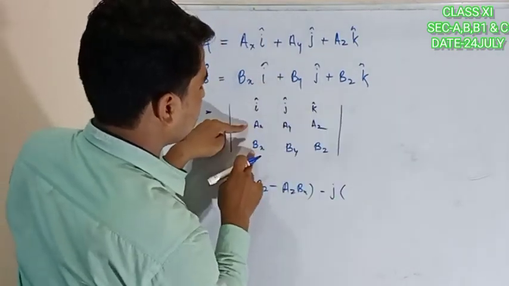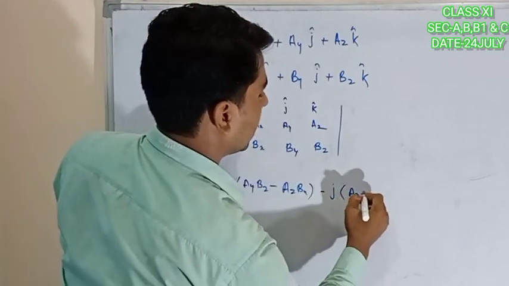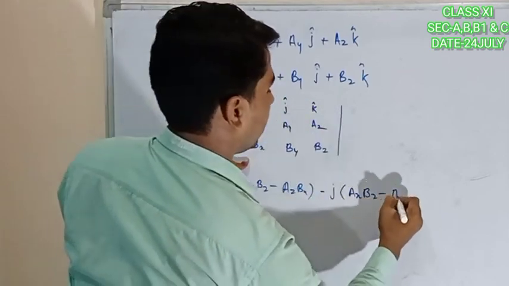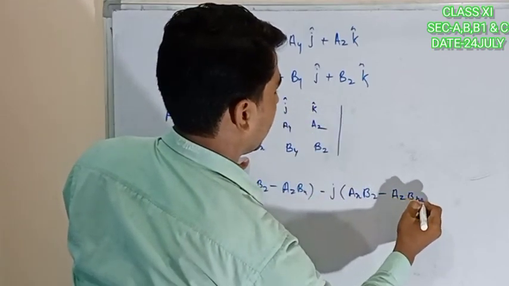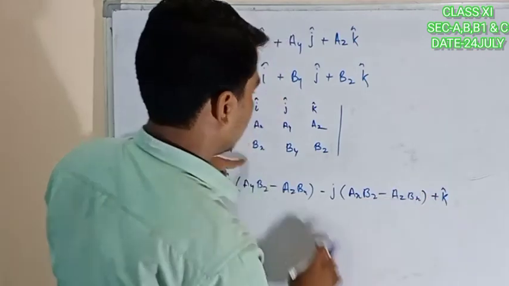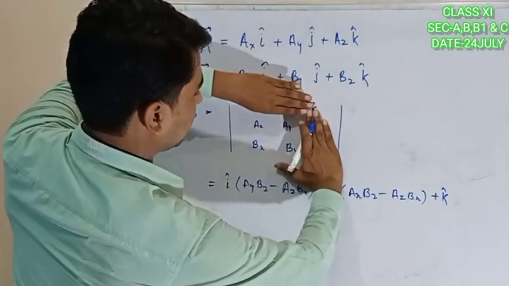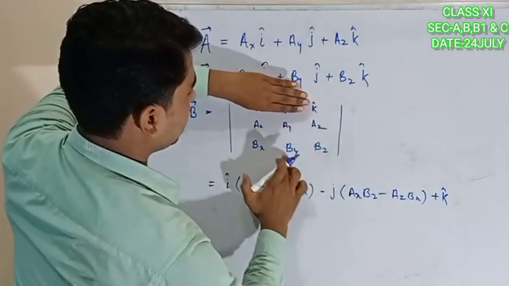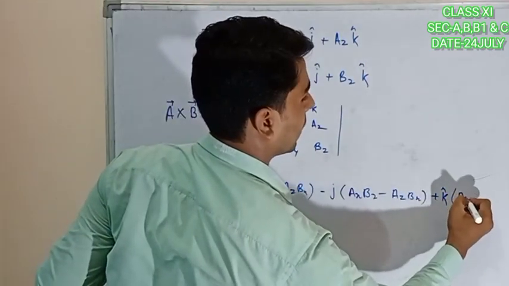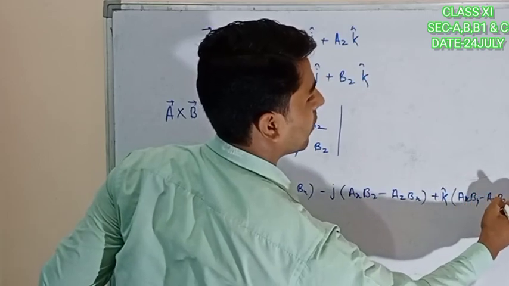What is remaining? ax bz minus az bx, then plus k: remove these two, what is remaining? ax by minus ay bx.